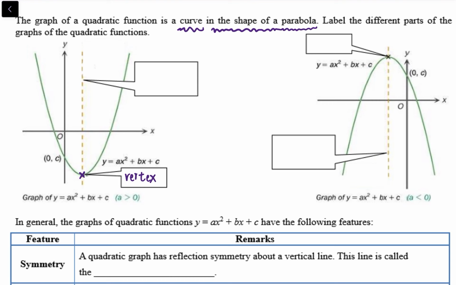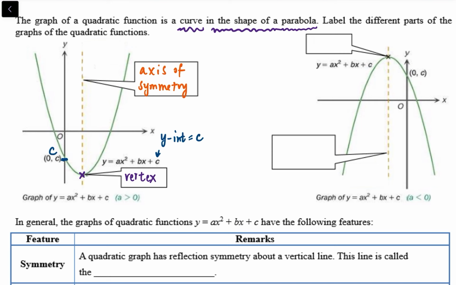So this dotted line is called the axis of symmetry. And as mentioned before, C is the y-intercept. So that's why this is the y-intercept right there on the y-axis.